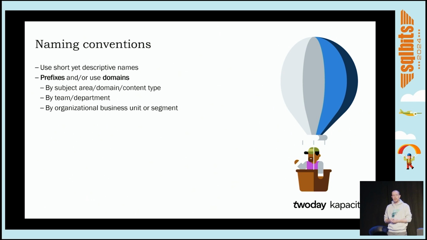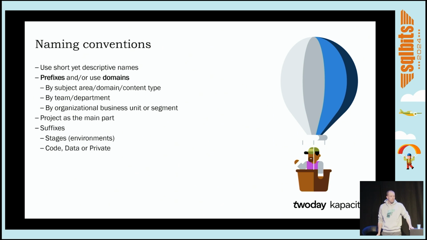So try and see if domains can do some of these things, because it's around team, department, organization, business unit, segment, or some other grouping of your workspaces. And then, that's my recommendation, put the project as part of the main name.